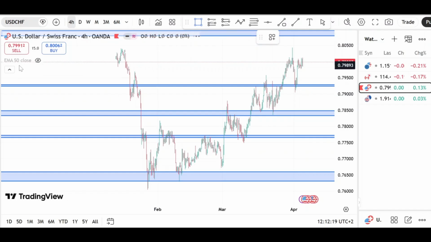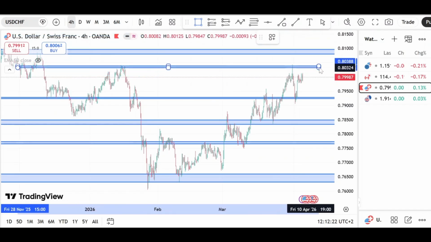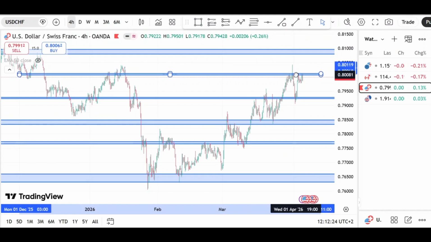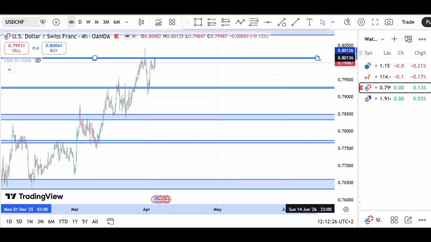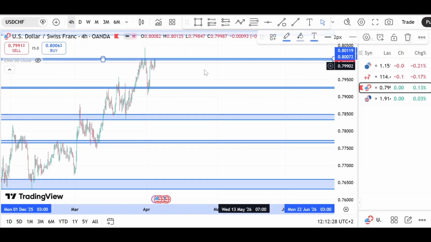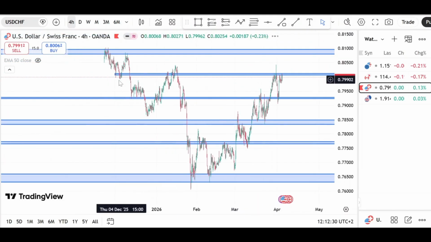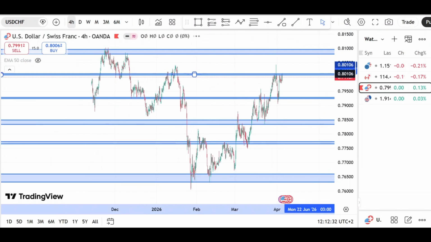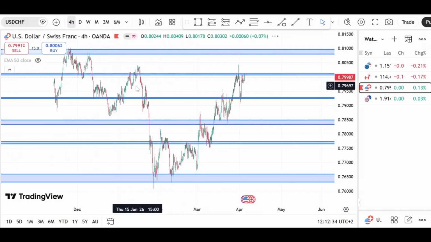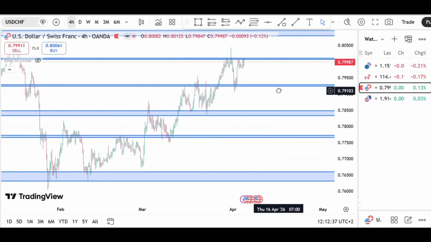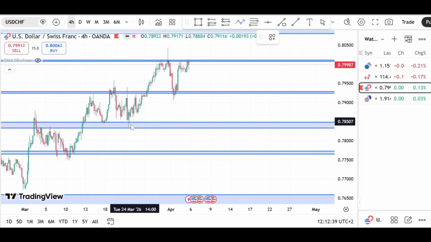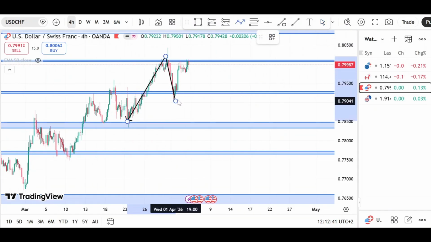How can we capitalize on this move? We are going to wait for a break of structure like this, a break of structure retest.